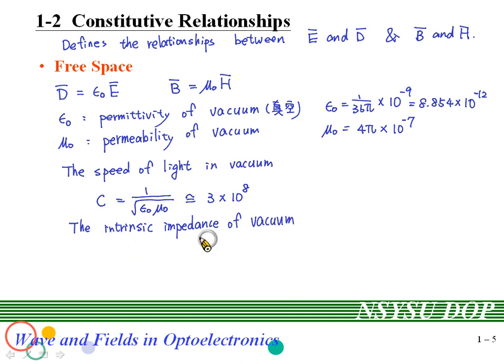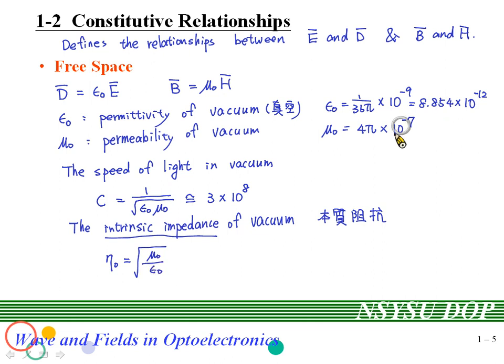The intrinsic impedance here means the, in Mandarin you can write it as this. We know that the intrinsic impedance is defined as eta 0 equals the square root of mu 0 over epsilon 0.